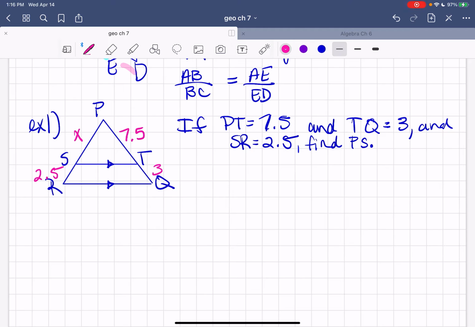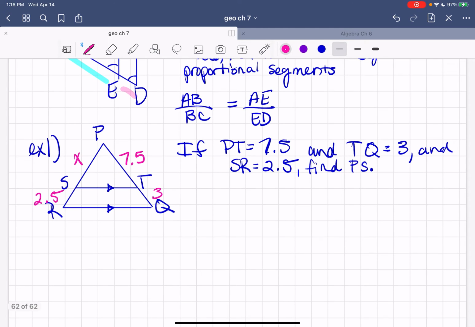Okay, so we are saying that the ratio of PS to SR is going to be equal to the ratio of PT over TQ. So I'll just write that.